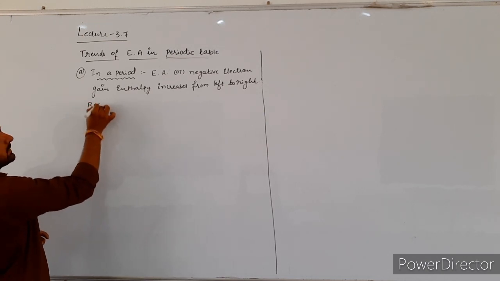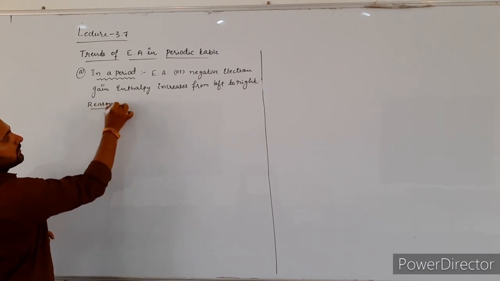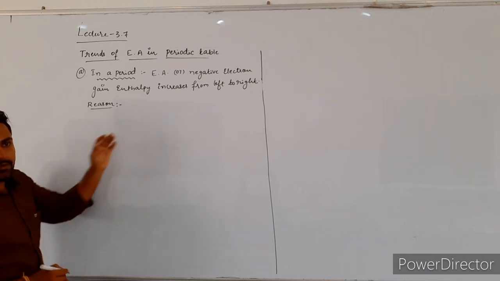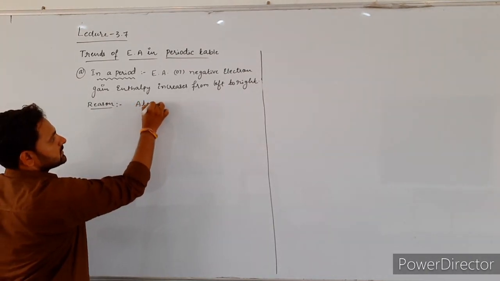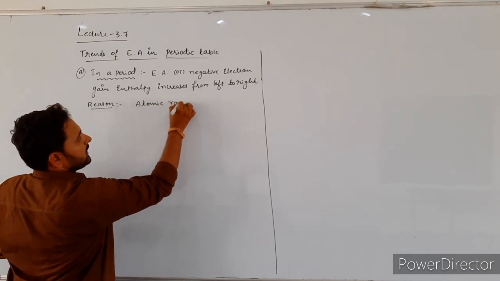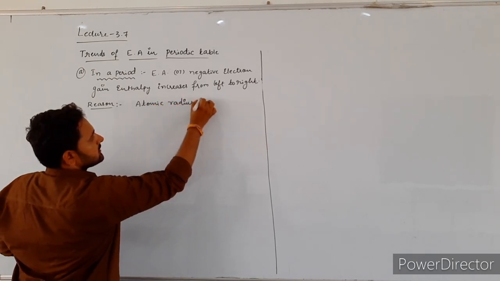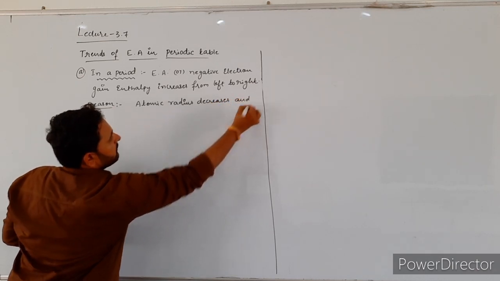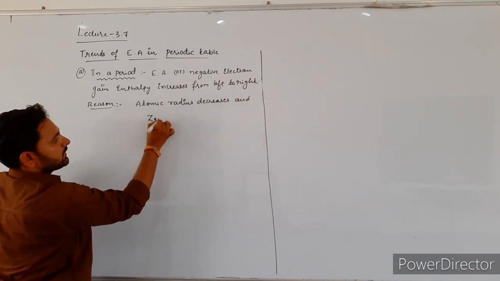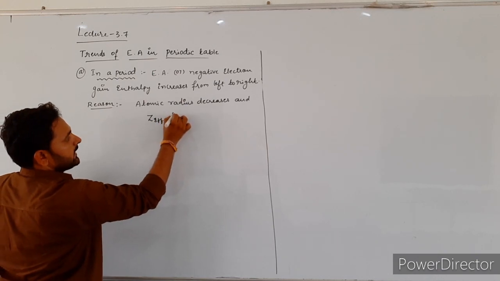The reason is, from left to right in the periodic table, atomic radius decreases and effective nuclear charge increases.